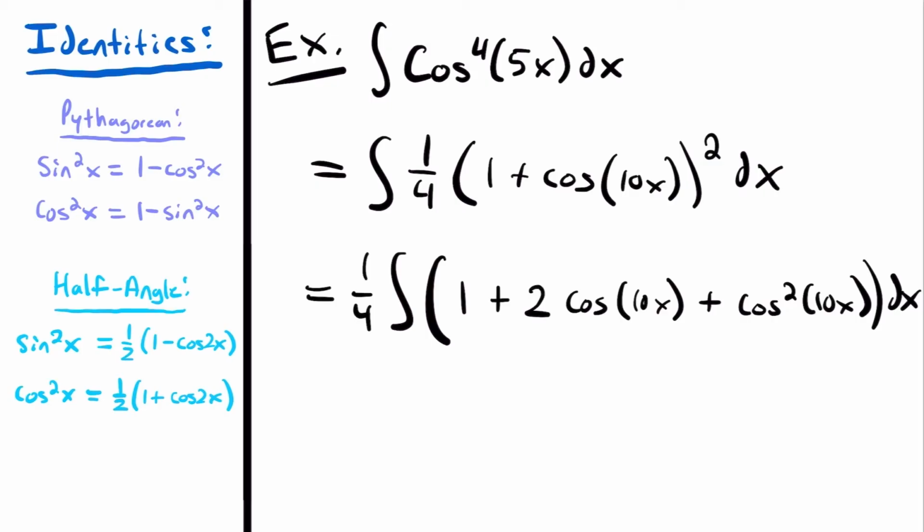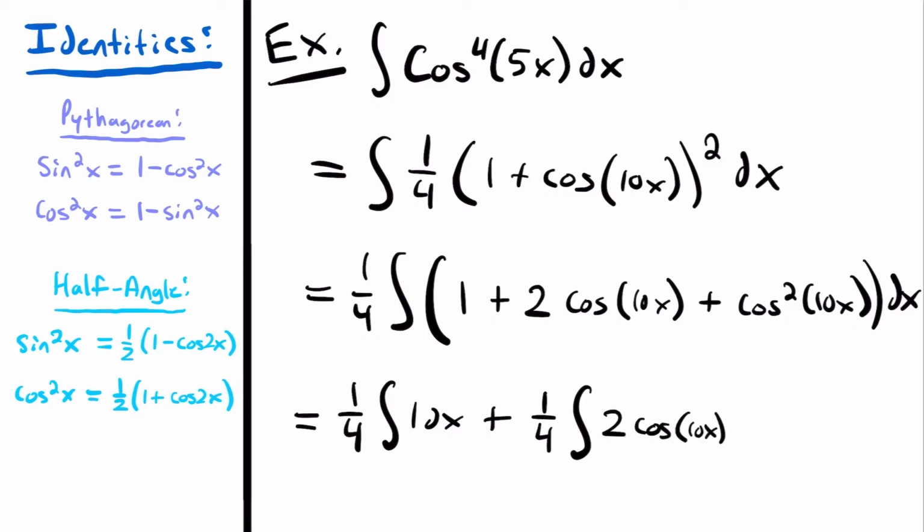And so now we can split this integral into 3 integrals so that we can focus on each of these terms individually. So if we do that, we will have that this is equal to 1/4 times the integral of our first term, which is 1, so we'll have 1 dx, plus 1/4 times the integral of our second term, which is 2 times cosine of 10x dx, and then we will add 1/4 times the integral of our last term, which is cosine squared of 10x dx.